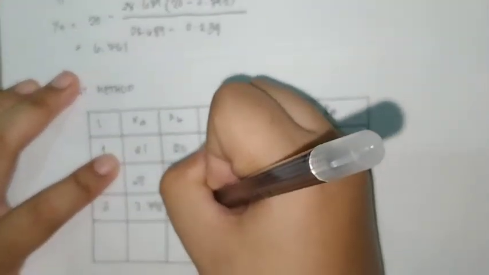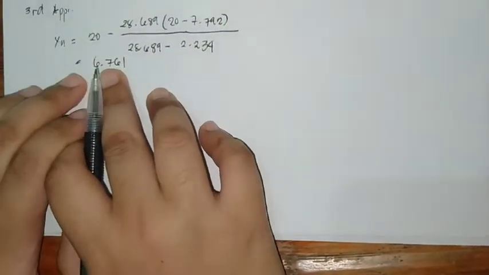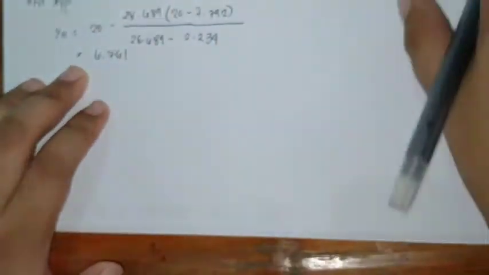In the third iteration, the new value is 6.761. Now, we're going to substitute this to the example.